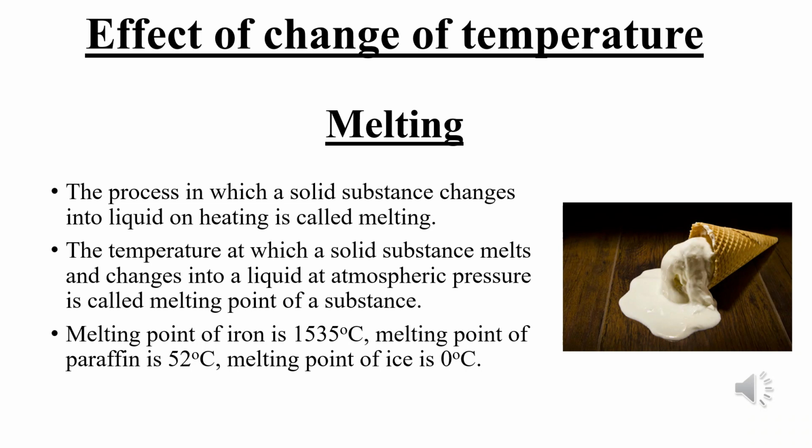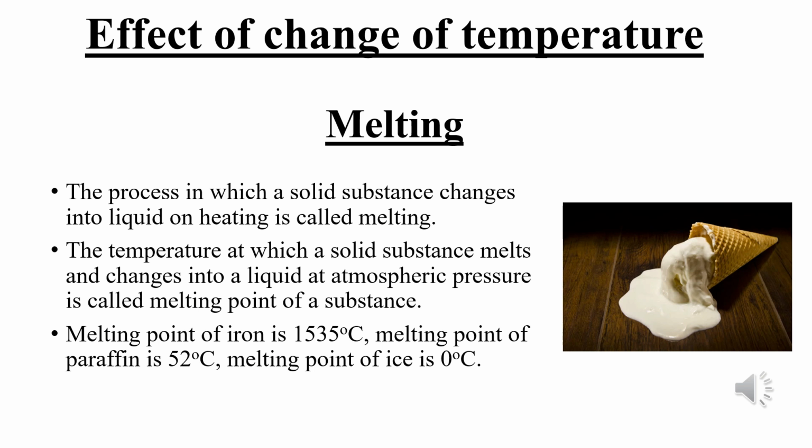Children, let us understand the effect of change of temperature. The first process is melting. So if we try to heat ice, it changes into water. That means solid is changing into liquid substance. The process in which a solid substance changes into liquid on heating is called melting.